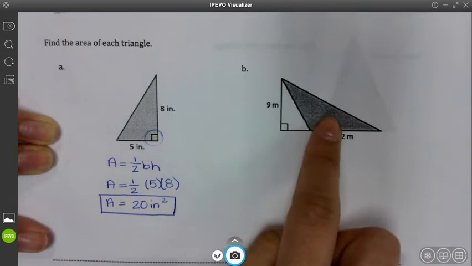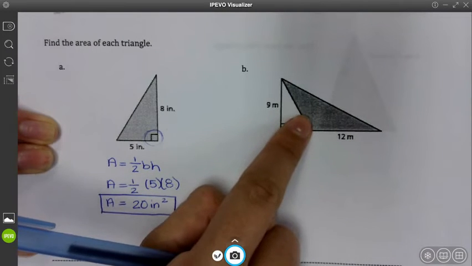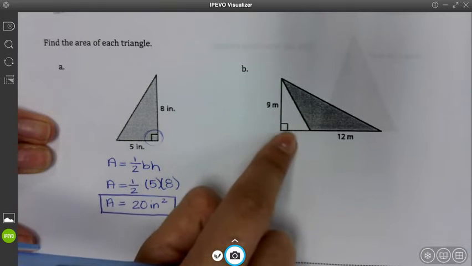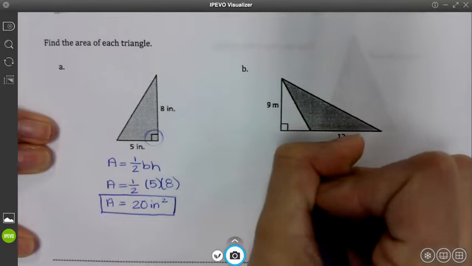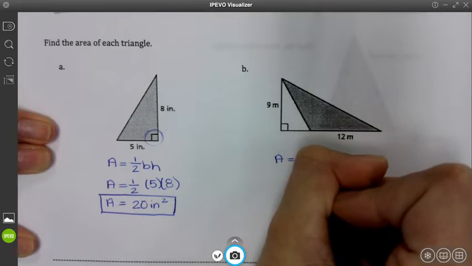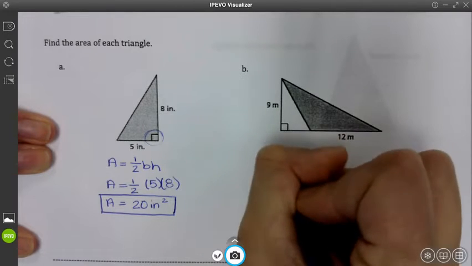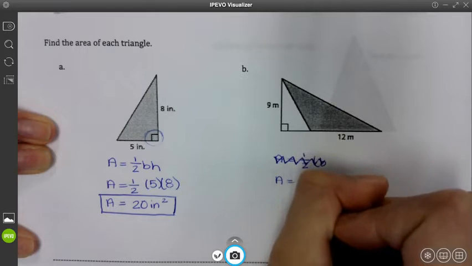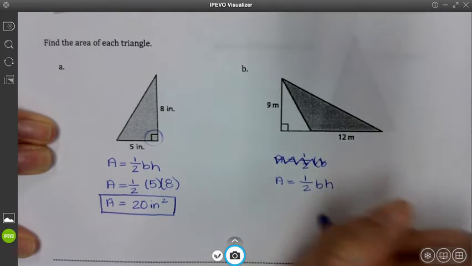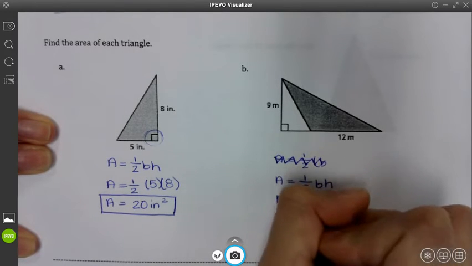Okay, B, we're looking at the shaded shape. This is just some extra measurements that need to be included. It's a triangle, so we write our triangle formula. We fill in what we know.